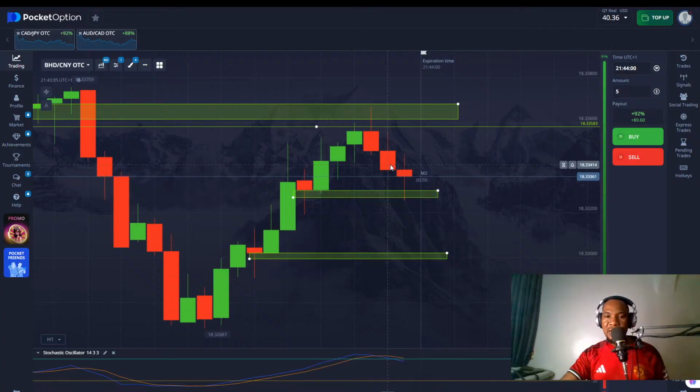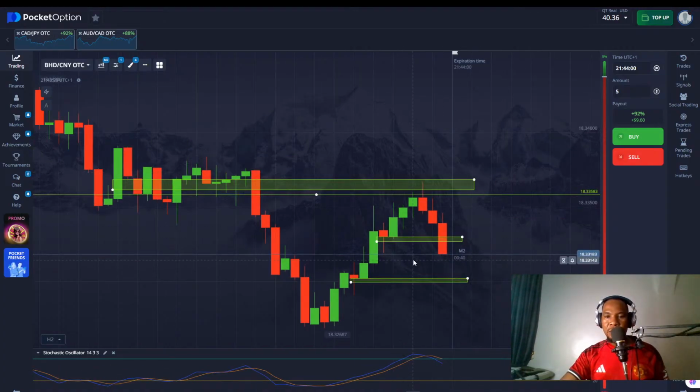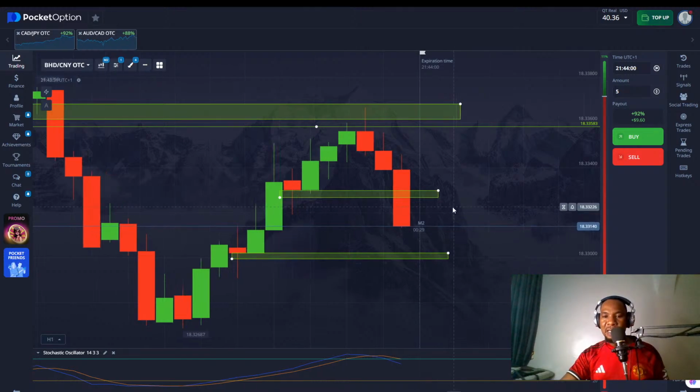And this candlestick closed without a wick, which has already reduced our chance of getting trend continuation. But if this candle closes below this region with a wick, then I'll probably enter the next candle after breaking the wick of this one.